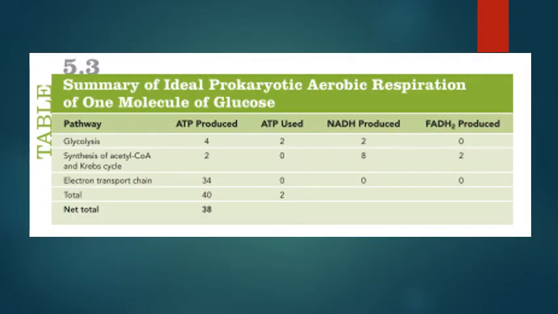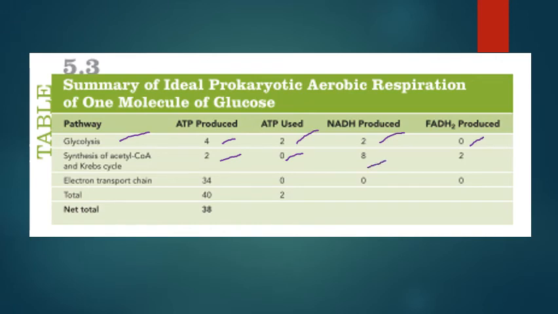Okay, this is just a summary of ideal prokaryotic aerobic respiration. So, glycolysis, 4 yung napoproduce na ATP, dalawa yung nagagamit, 2 yung NADH na napoproduce, and walang FADH2. During the synthesis of acetyl-CoA or Krebs cycle, dalawa yung ATP, walang ATP na ginamit, 8 yung NADH.